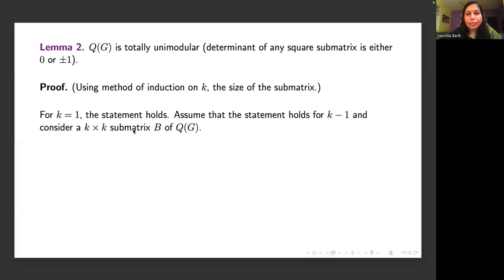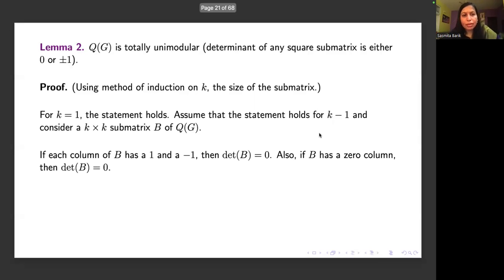That's clear. Now, assume the statement holds for k minus 1, and let us take a submatrix B of order k, and we want to show that the statement holds for B.